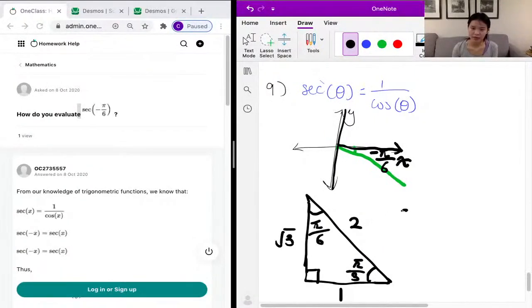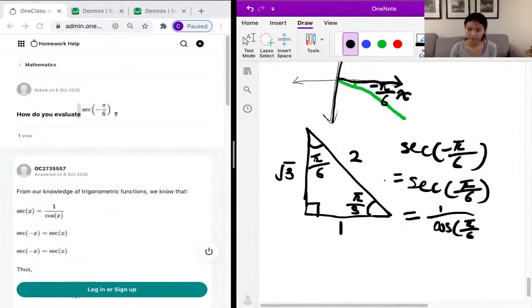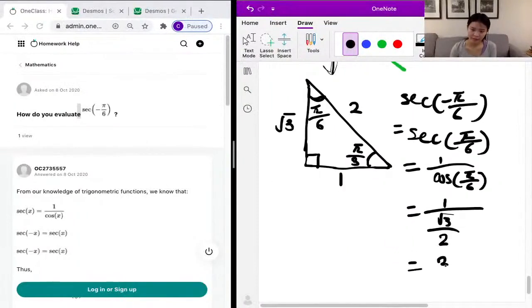We need the secant of negative pi over 6, which has the same value as the secant of pi over 6. Secant is 1 over cos x, so it's 1 over cos of pi over 6. Our angle pi over 6 is over here, and cosine is adjacent, √3, over hypotenuse, 2. So our secant of negative pi over 6 is 2 over √3. Perfect.